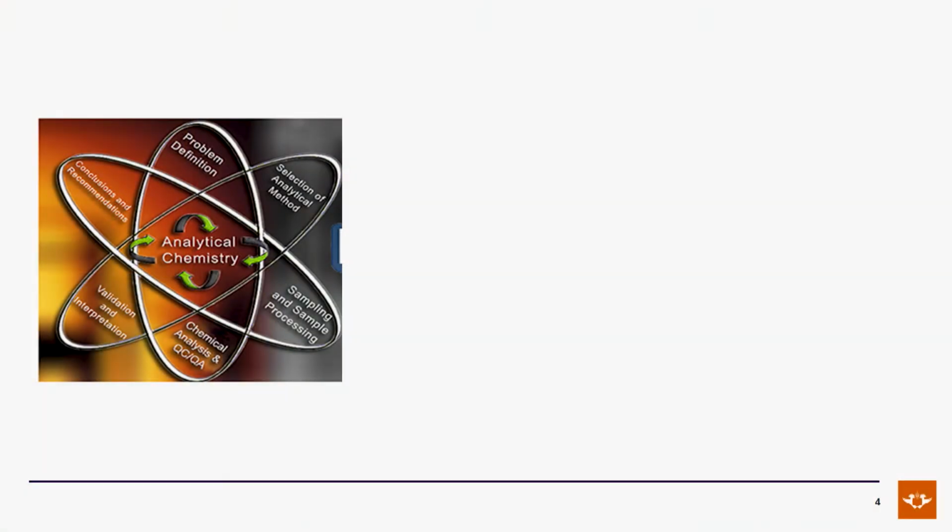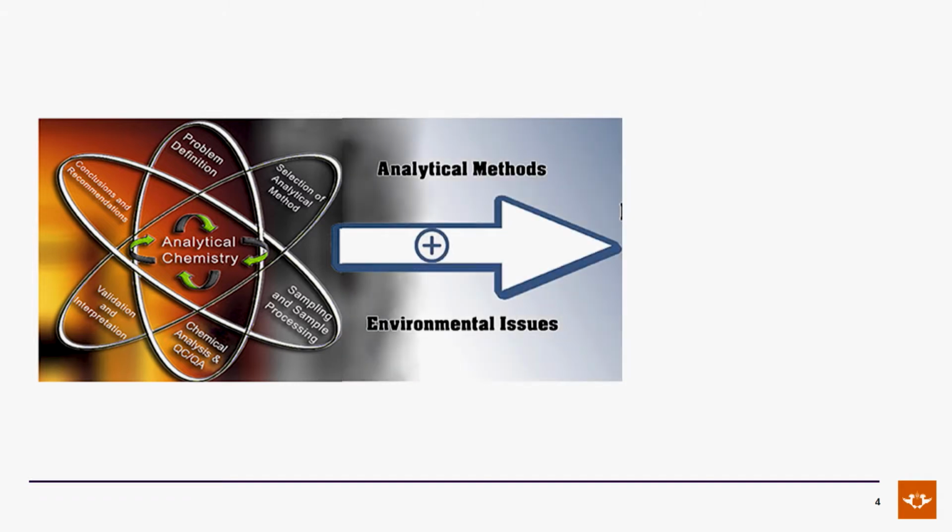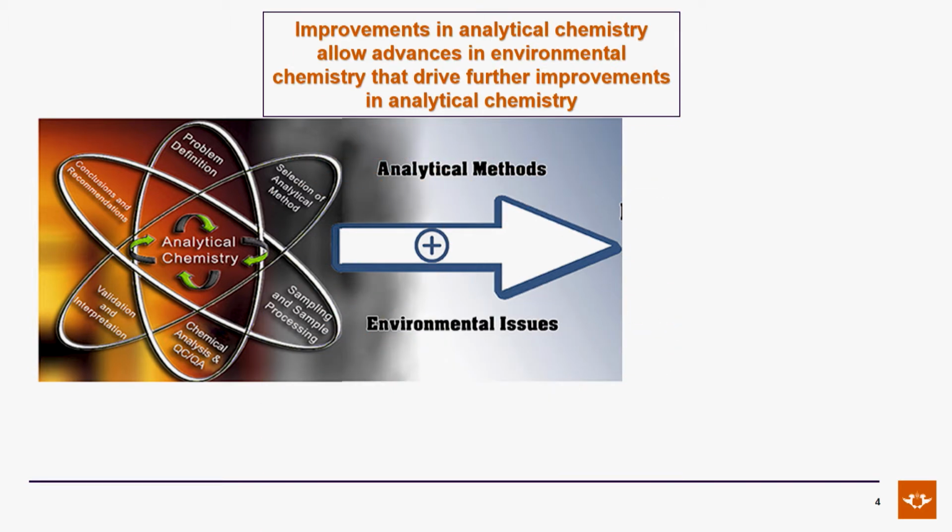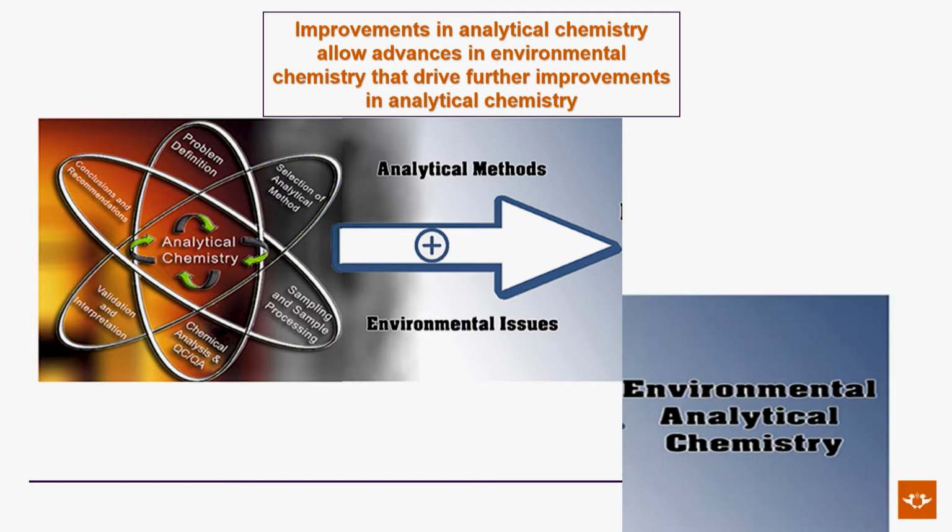So together they come together and give us analytical environmental chemistry. In analytical chemistry, we involve a lot of things. And when you come together, when you have an analytical method and you see an environmental issue, you will be able to solve them together and get a field that will be able to address both.